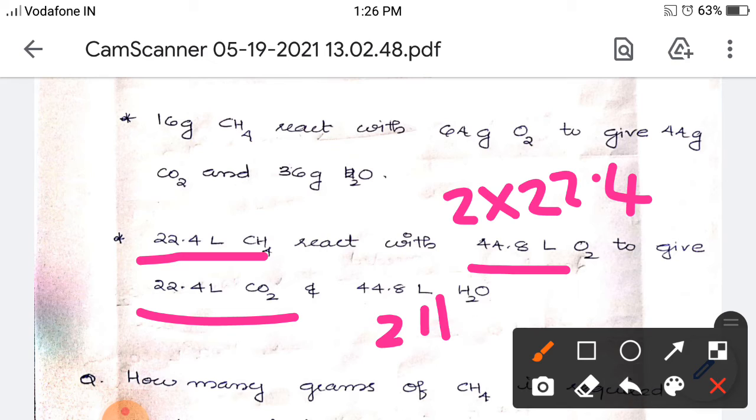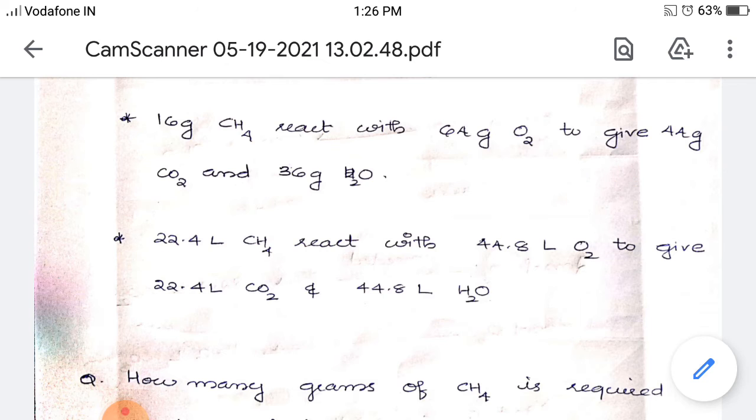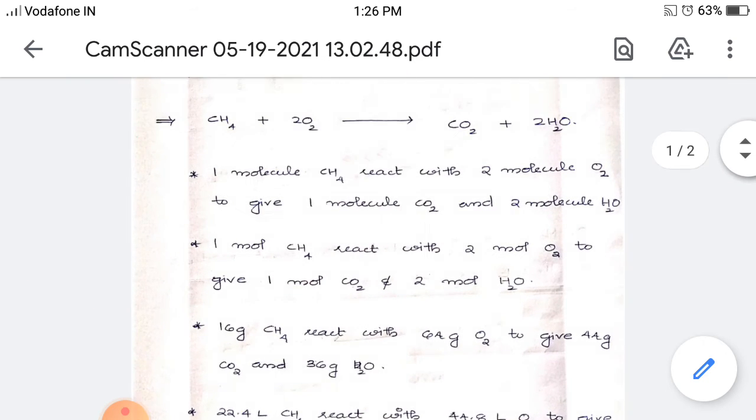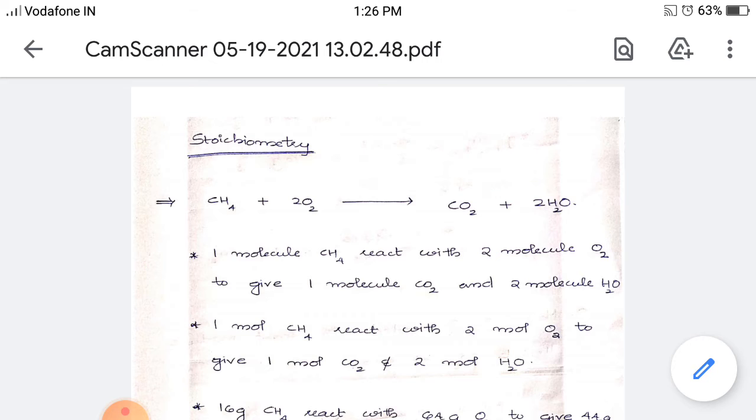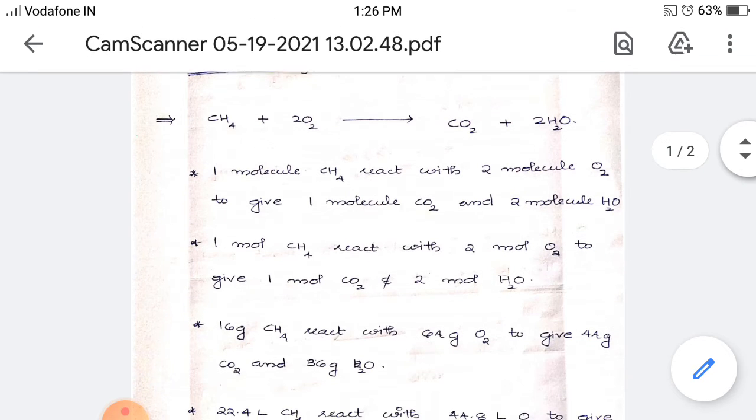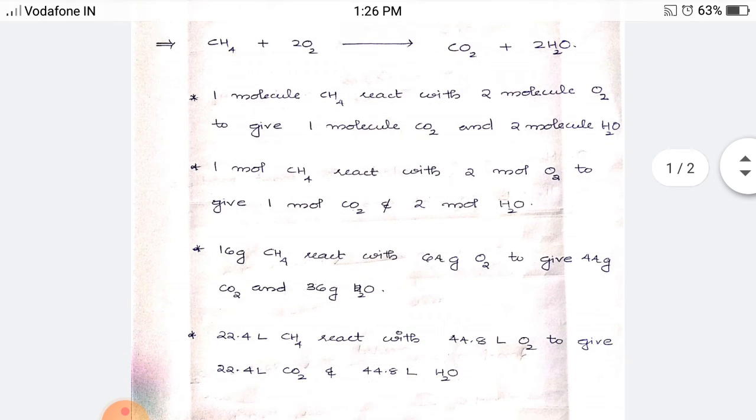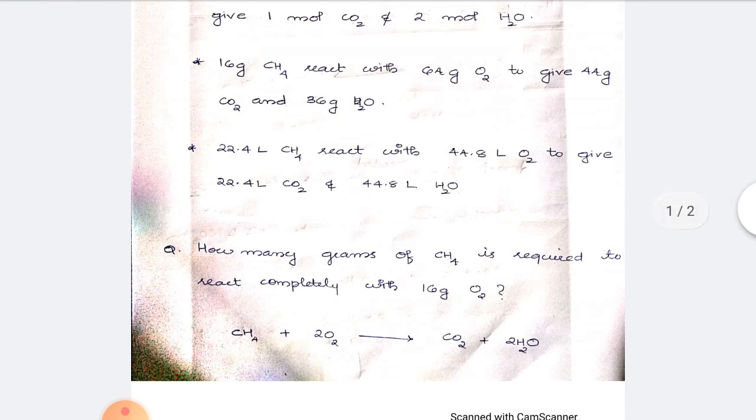That is 44.8 liter water. Just pause your video and write these notes. Okay, stoichiometry and these 4 points.